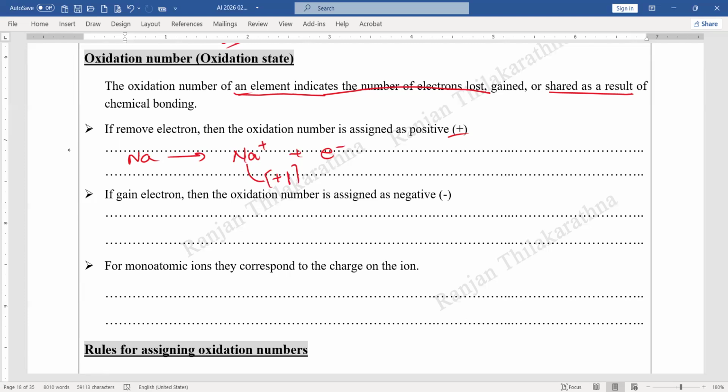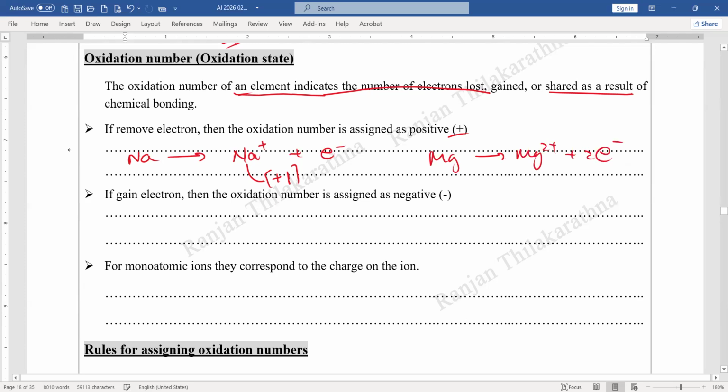If you lose 2, say magnesium goes to Mg2+ plus 2 electrons, then as it lost 2 electrons, the oxidation state is +2. Normally we write down the oxidation state in a square bracket.